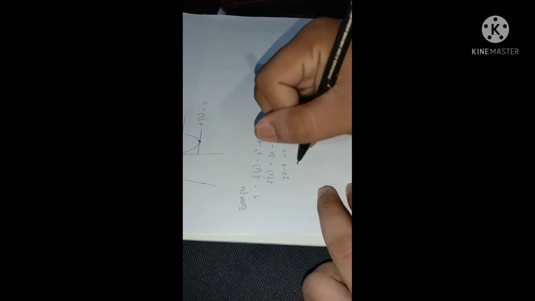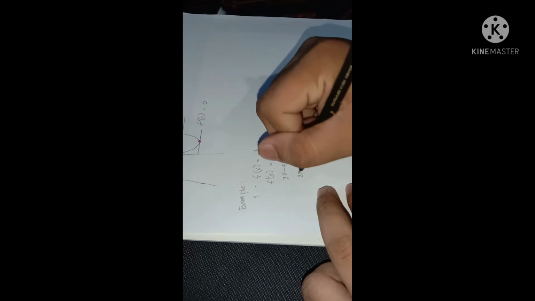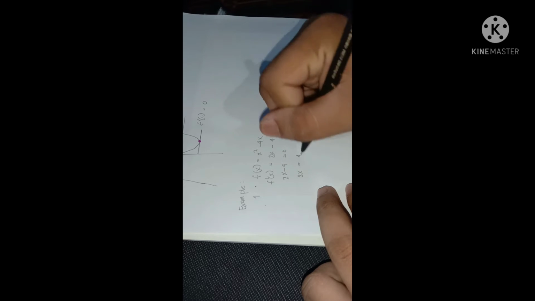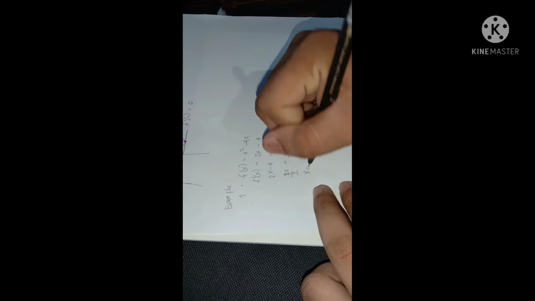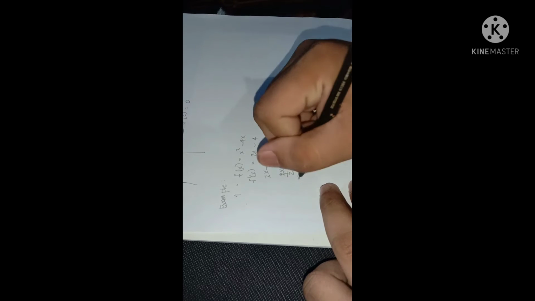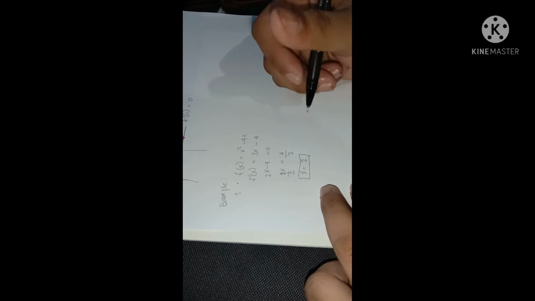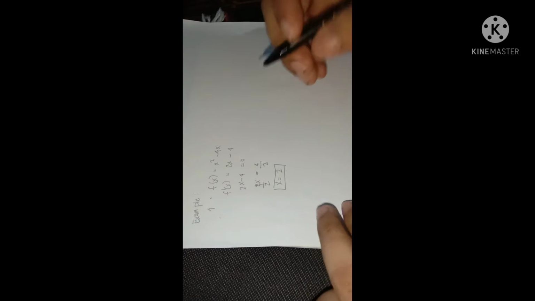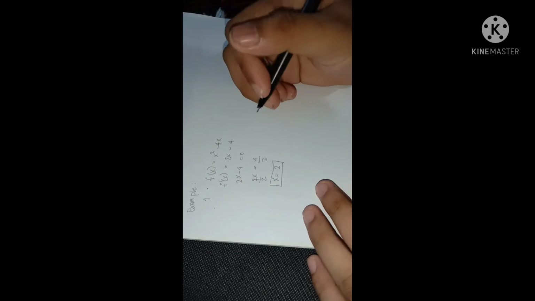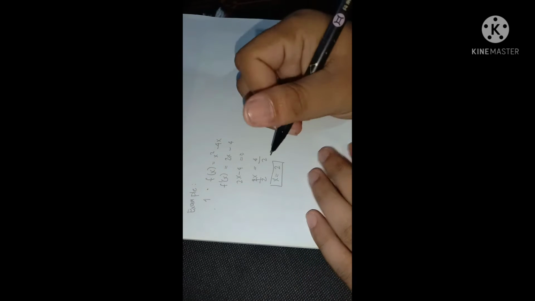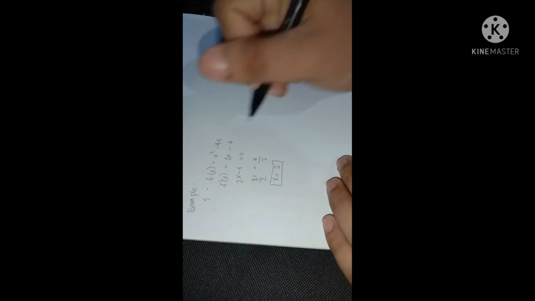So 2x is equal to 4, and x is equal to 2. This is called the critical number. Now that we have the critical number, we substitute it into our main function.